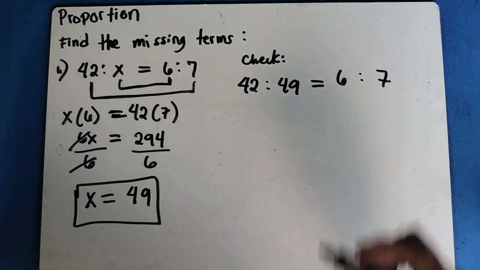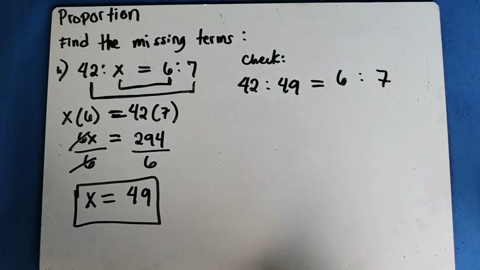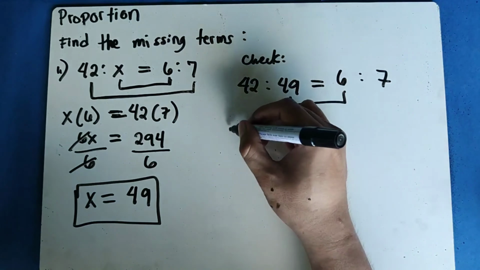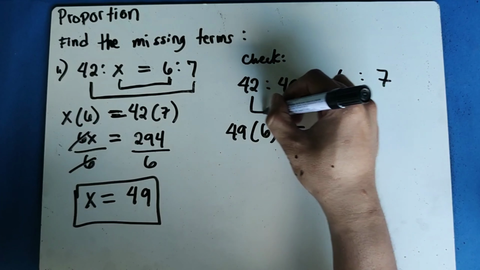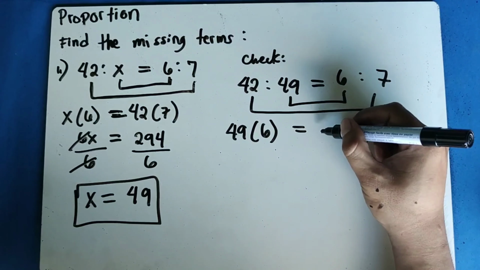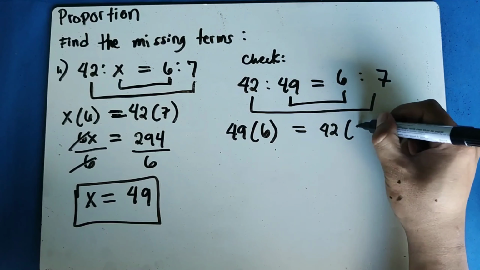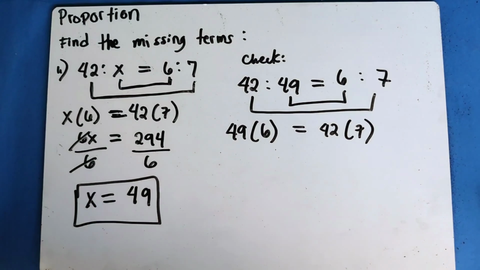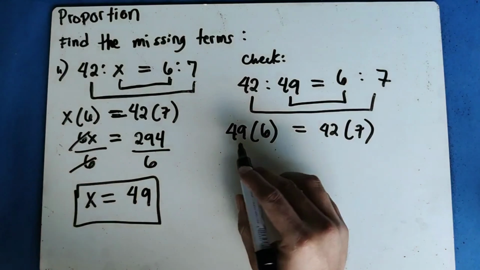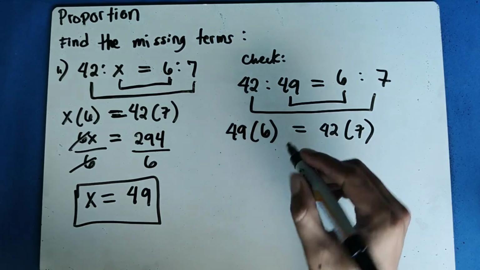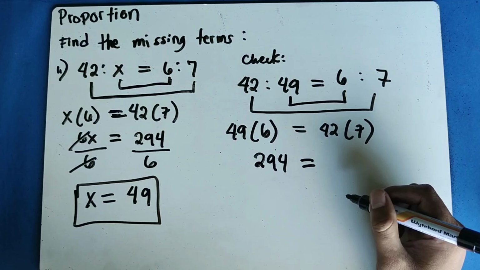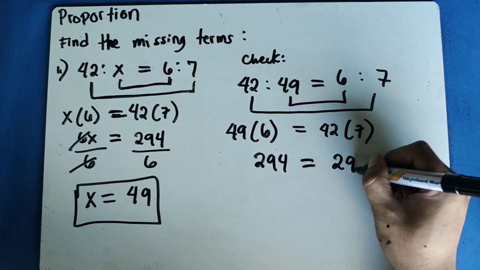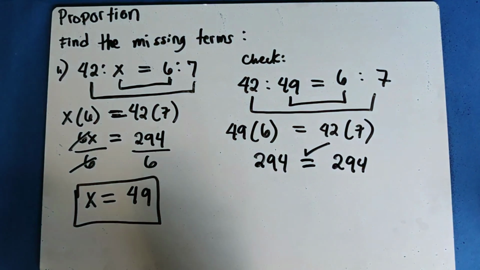The product of the means is equal to the product of the extremes. 49 times 6 is equal to 42 times 7. Okay? So, what is the product? 49 times 6, the result is 294, and 42 times 7, the result is 294. Therefore, the missing term is 49.